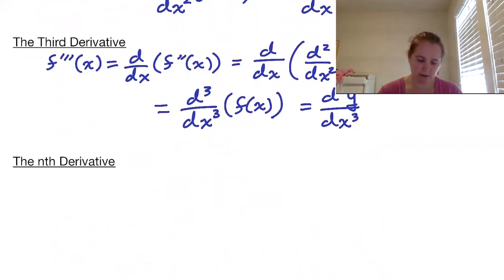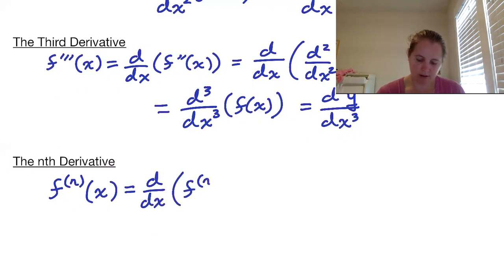So the nth derivative, instead of showing n primes, we put an n in parentheses for the nth derivative of x. This is the derivative of the n minus first derivative of x.